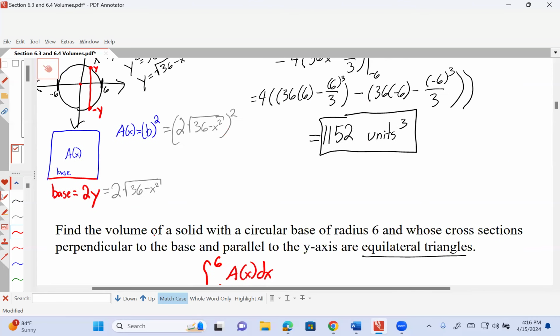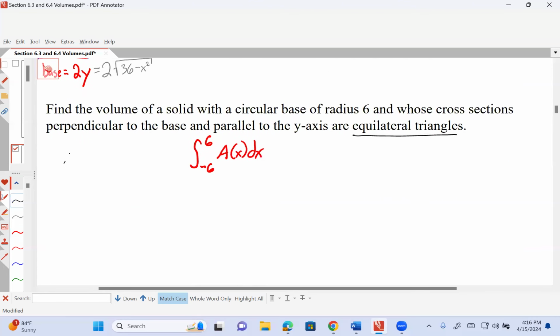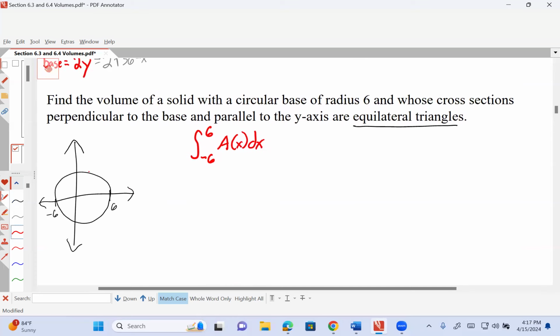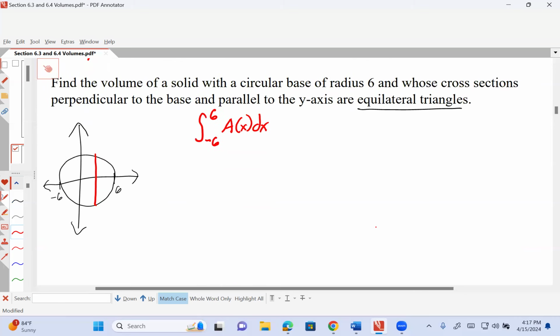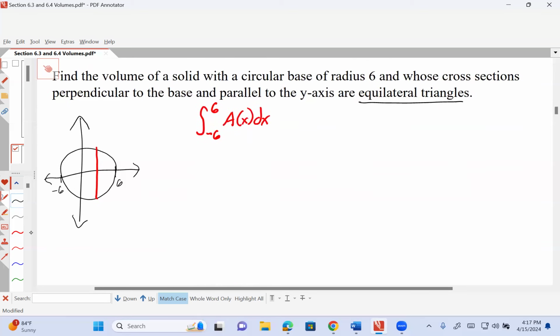So we still have this circle being our base. That goes from -6 to 6. And we're still slicing perpendicular to the x-axis. But now we're looking at our area needing to be an equilateral triangle.